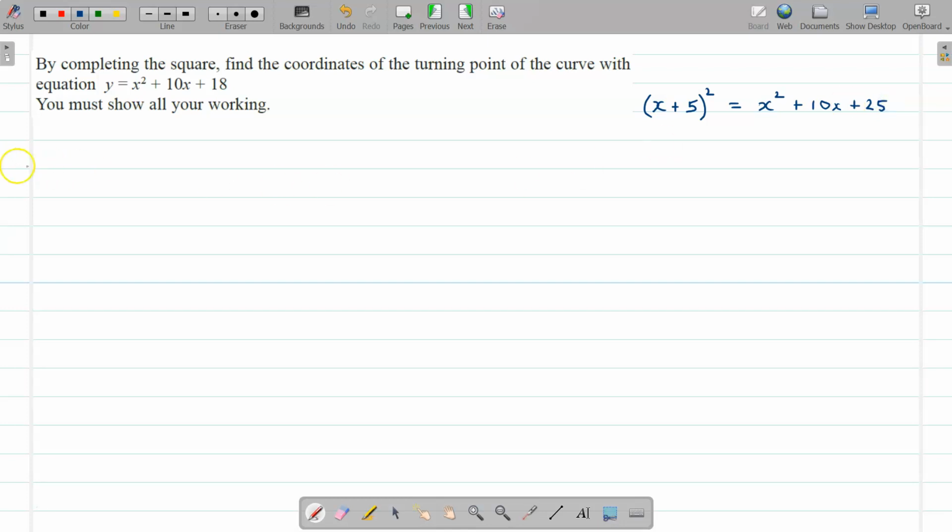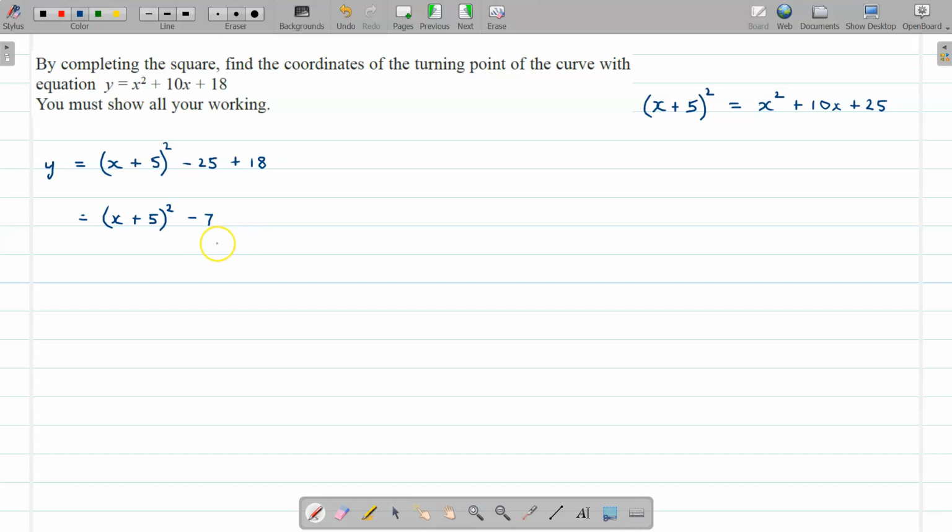So we need to rewrite our expression for y as y equals the square of x plus 5, minus the 25, but it also requires us to add the 18 because that's still there as well. So this is our working out. And then we can simplify that to say it's the same as x plus 5 all squared, minus 7.